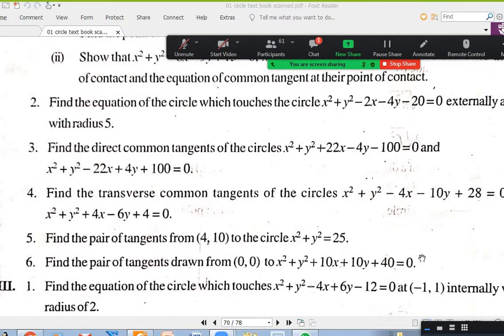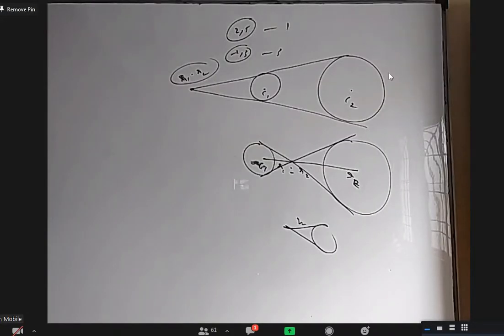Another one is (-2, 3) and radius 3. And the distance between them is the square root of 4 squared plus 2 squared.